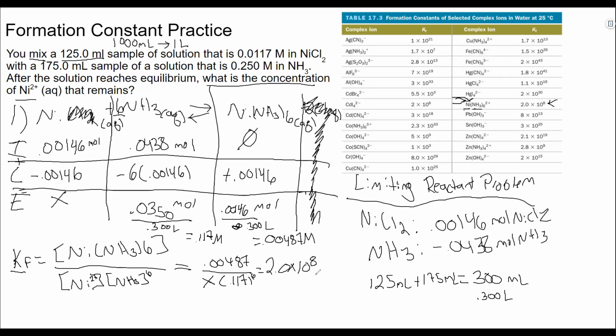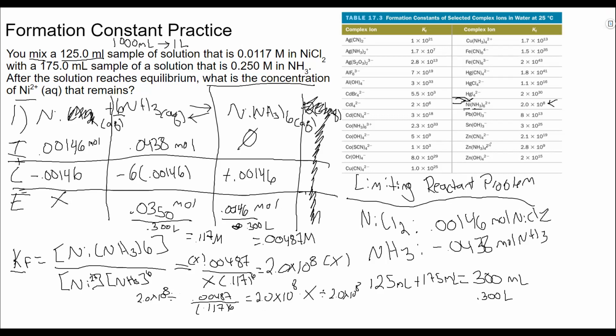We're solving for x, so I need to rearrange this equation. I'm going to multiply each side by x to get 0.00487 divided by 0.117 to the power of 6 equals 2.0 times 10 to the 8 multiplied by x. You divide each side by 2.0 times 10 to the 8, and you'll get an equation for x.